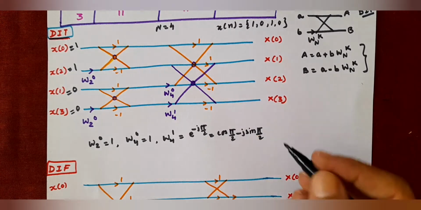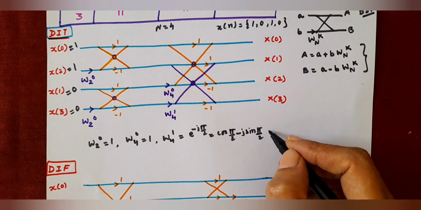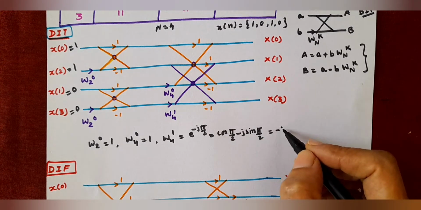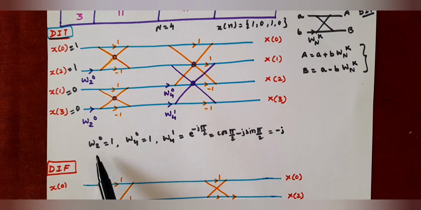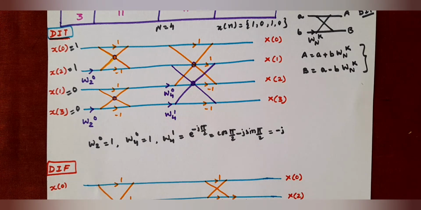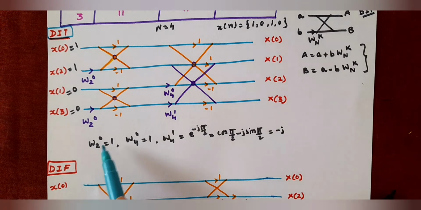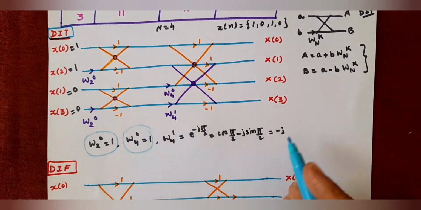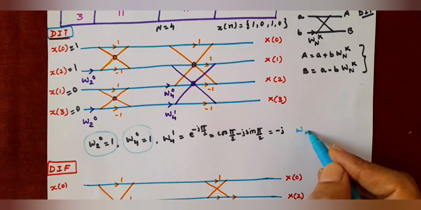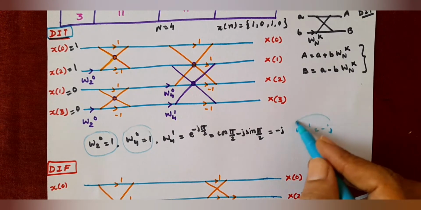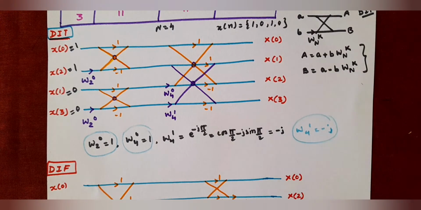Cos pi by 2 is 0. So what will it come? This term becomes 0, so it will be minus j. So W2 to the power 0 is 1, W4 to the power 0 is 1, and W4 to the power of 1 value is how much? Minus j. These 3 twiddle factors we have computed.